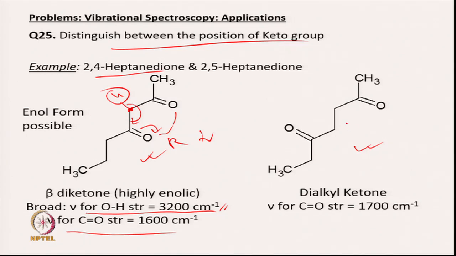Whereas this enol formation is not possible in the other structure, and so nu for CO will be at 1700 cm^-1, and there will be no peak for OH stretching.